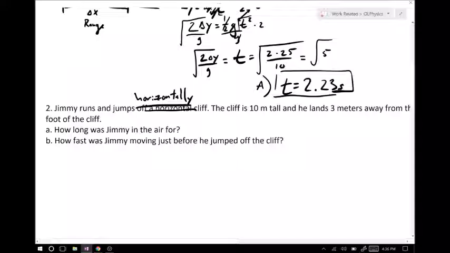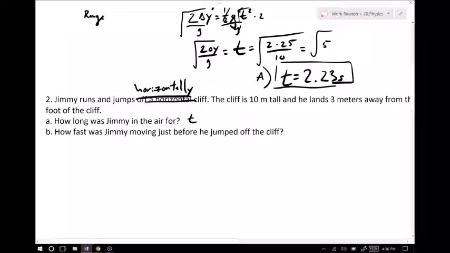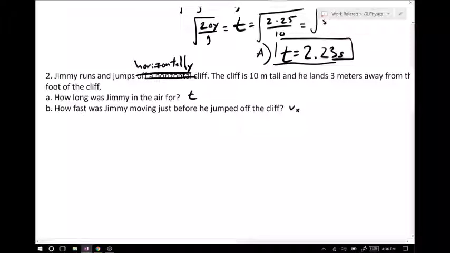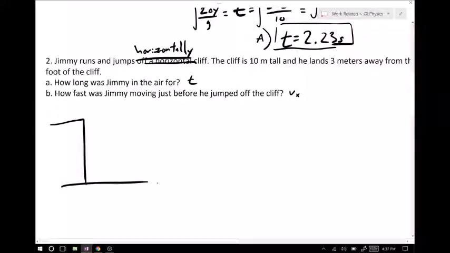How long was Jimmy in the air for? Again, we're just answering for time. And how fast was Jimmy moving before he jumped off the cliff? We're looking for vx. If we were to draw that problem out, we have 10 meters tall, and we have 3 meters away. 3 meters would be much smaller. See if we can draw that a little bit better.